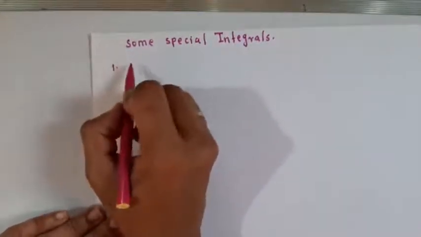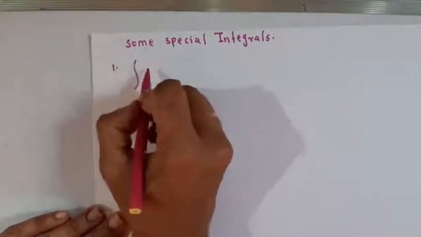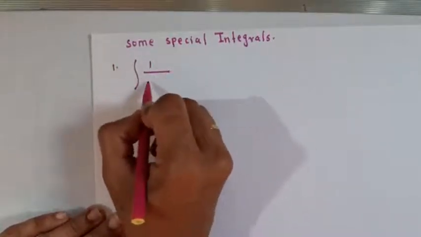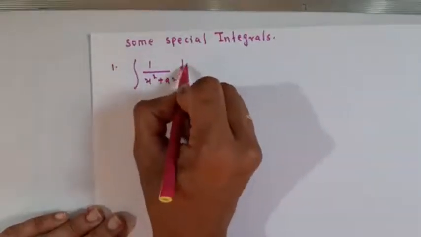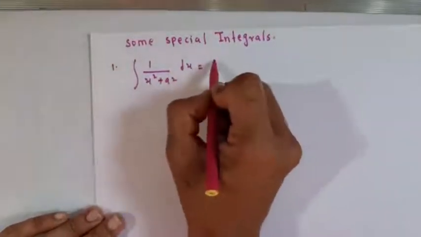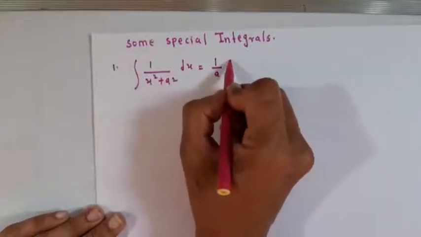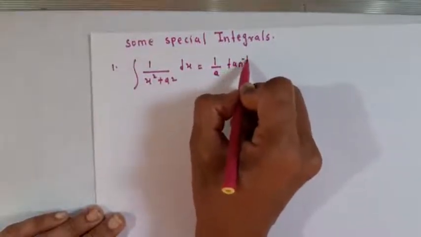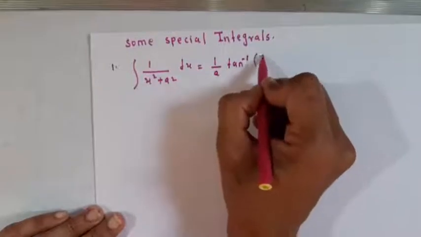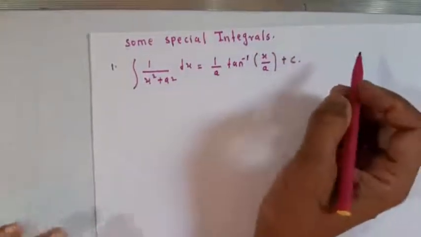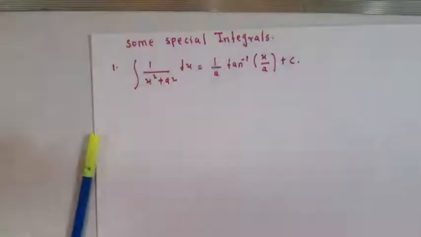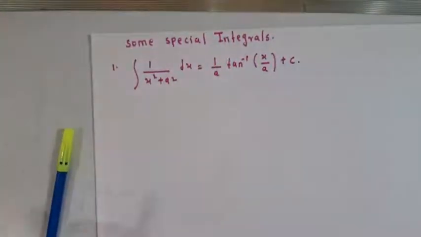The first is the integration of 1 upon x square plus a square with respect to x, equal to 1 upon a into tan inverse of x upon a plus constant of integration c. Okay students, so prove this formula.